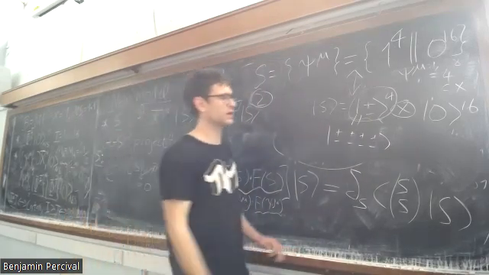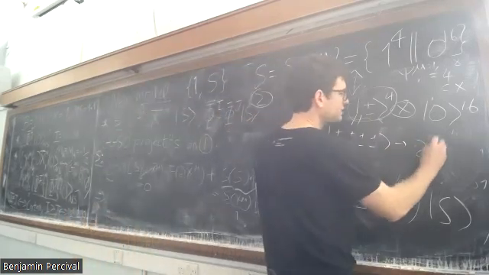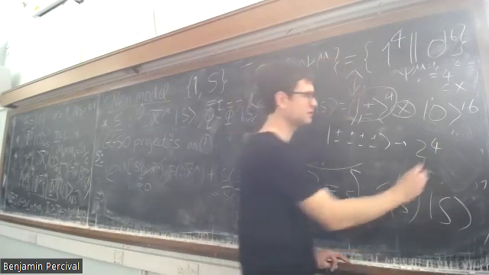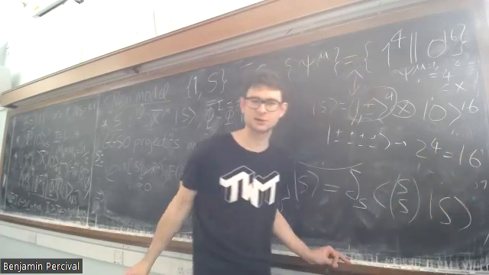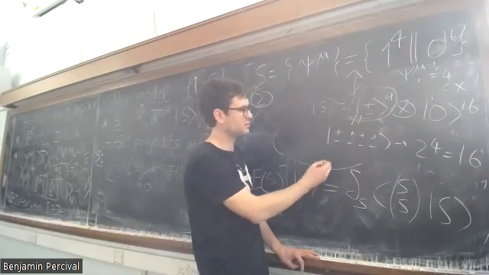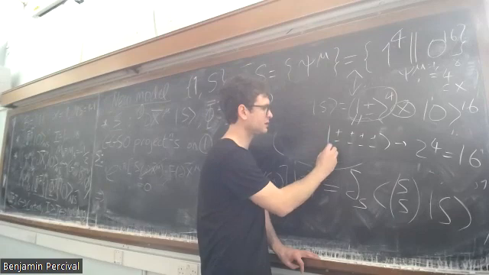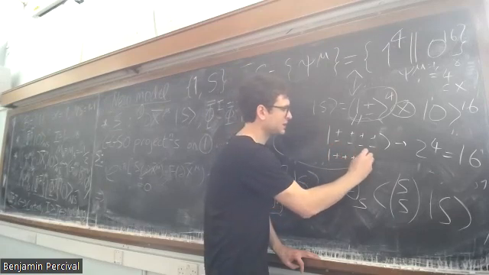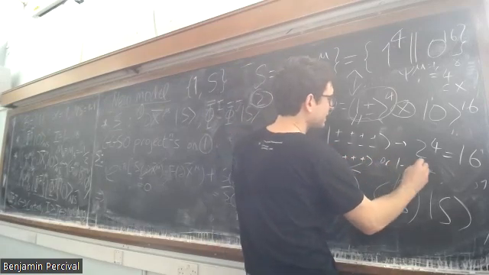In general there's 2 to the 4, 16 combinations there. But what I'm saying is that we really only have plus plus plus plus or minus minus minus minus.